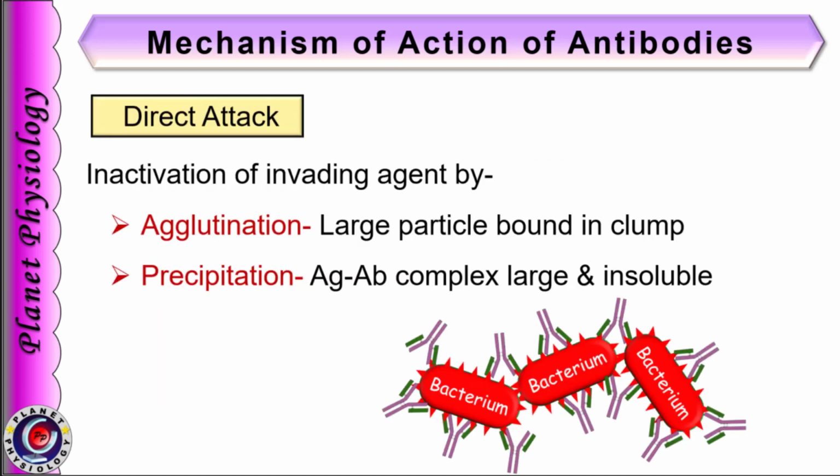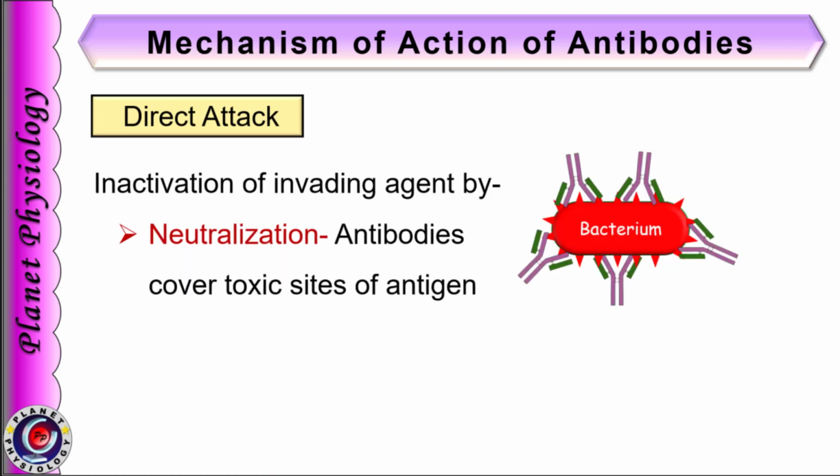First, antibodies interact with antigens to form clumps. This reaction is known as agglutination reaction. Many times, this antigen-antibody complex is very large and hence becomes insoluble in body fluids. This is called precipitation. Sometimes antibodies just cover the toxic sites on the antigens and neutralize them so that the pathogen cannot harm the tissues.